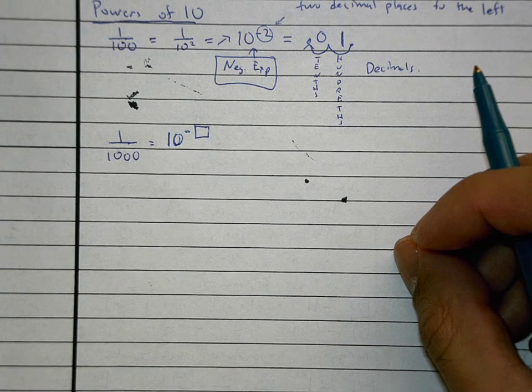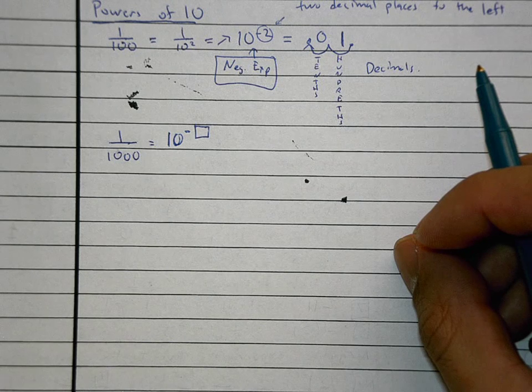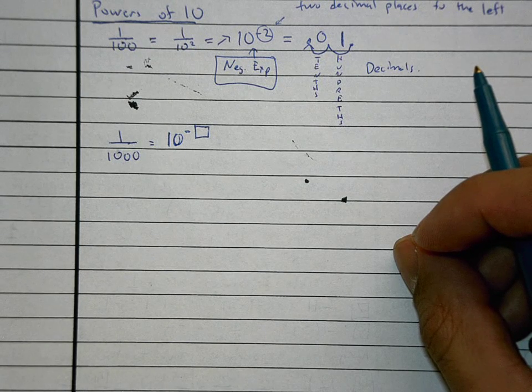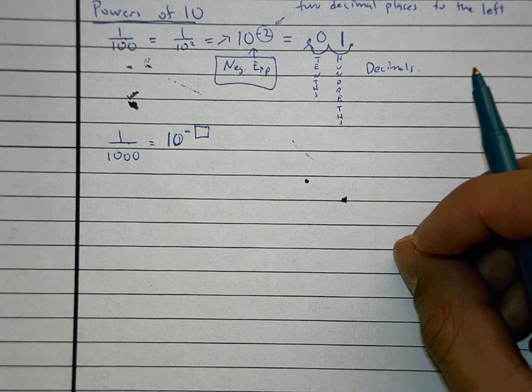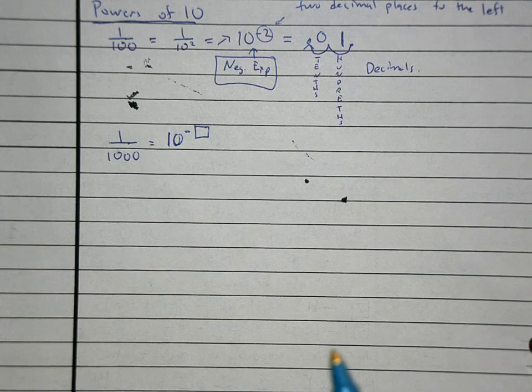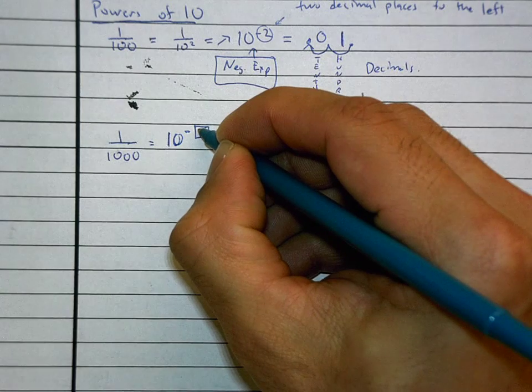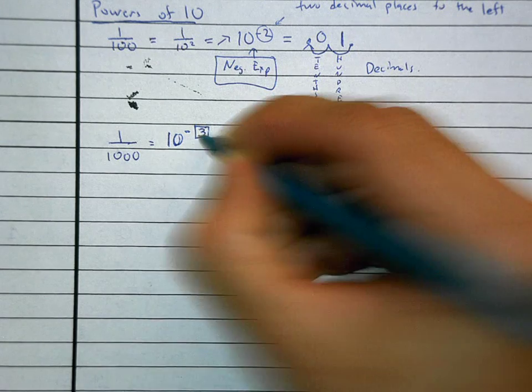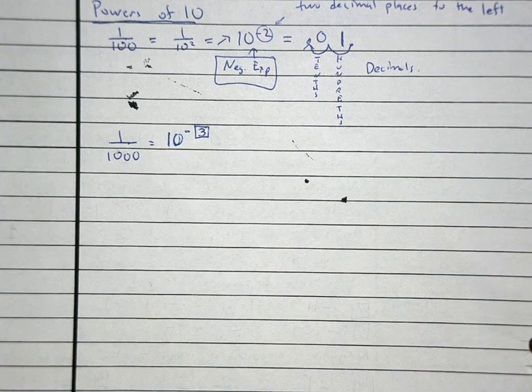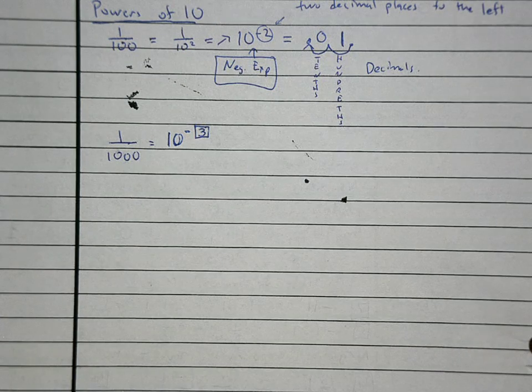Put your guess. How many of you, final answer time, have 10 to the negative 3? Raise your hand. Wonderful, you are correct.